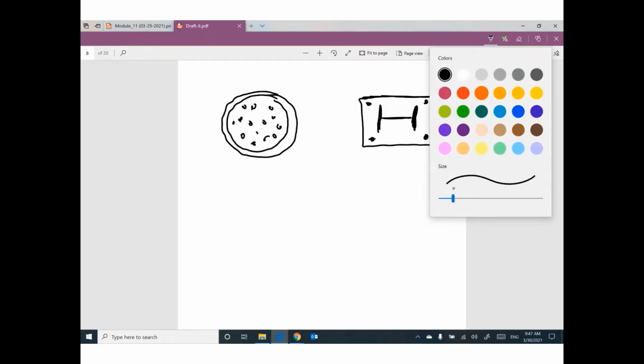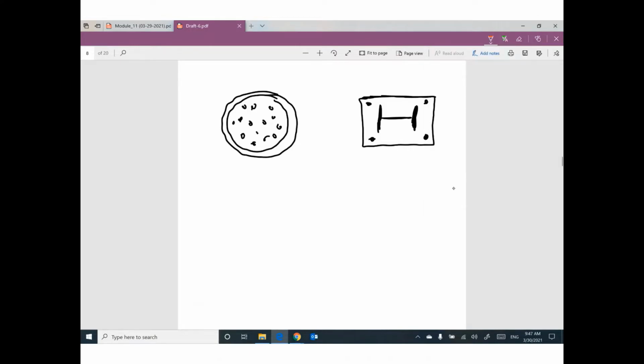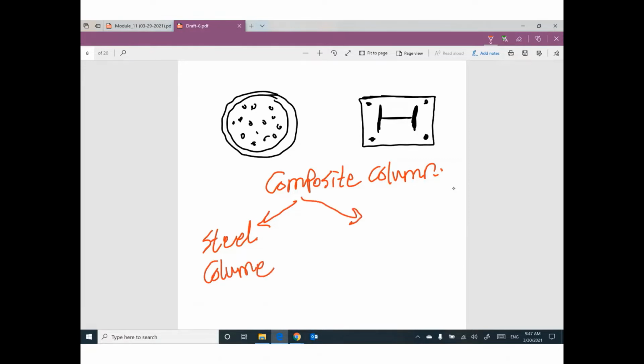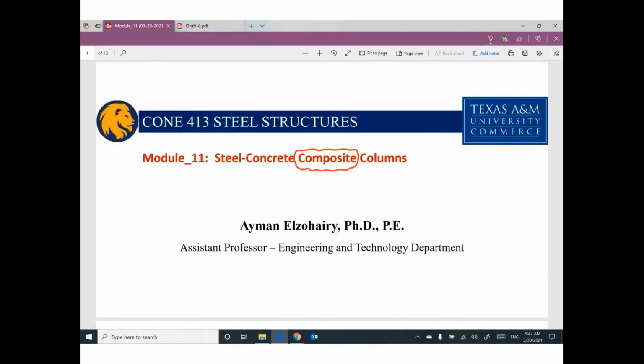My question is, do you think this column is concrete column, steel column, or composite column? I think this one will be composite because we have steel column combined with concrete column. That makes sense? So this week I will talk about composite columns.